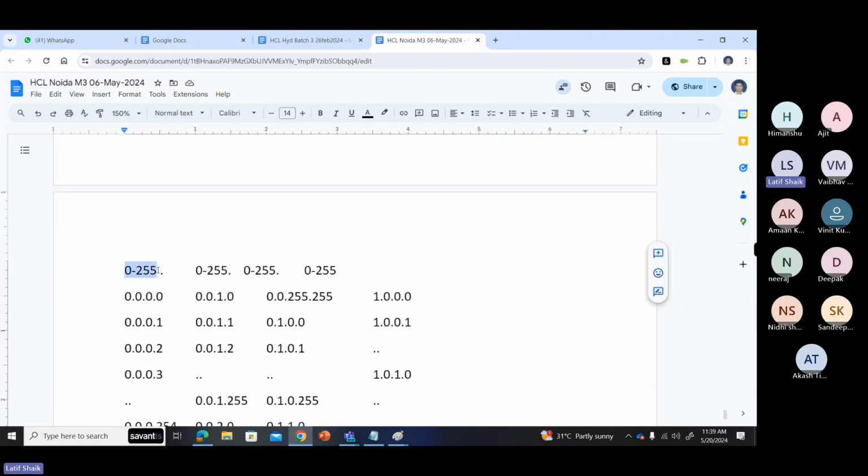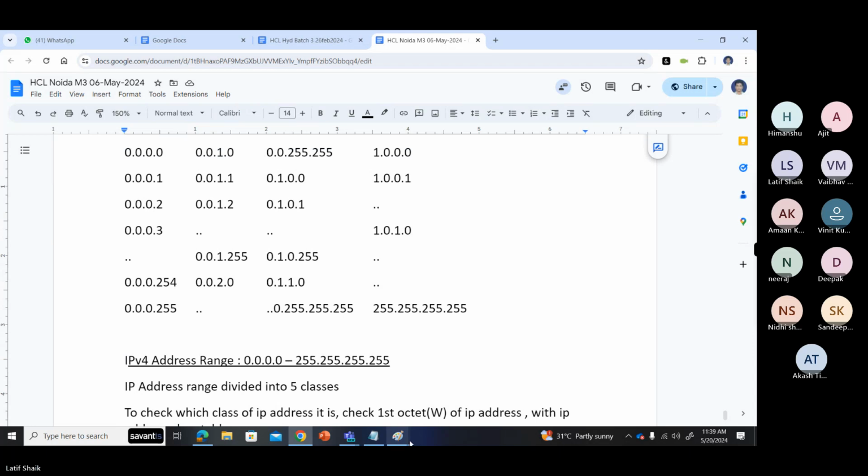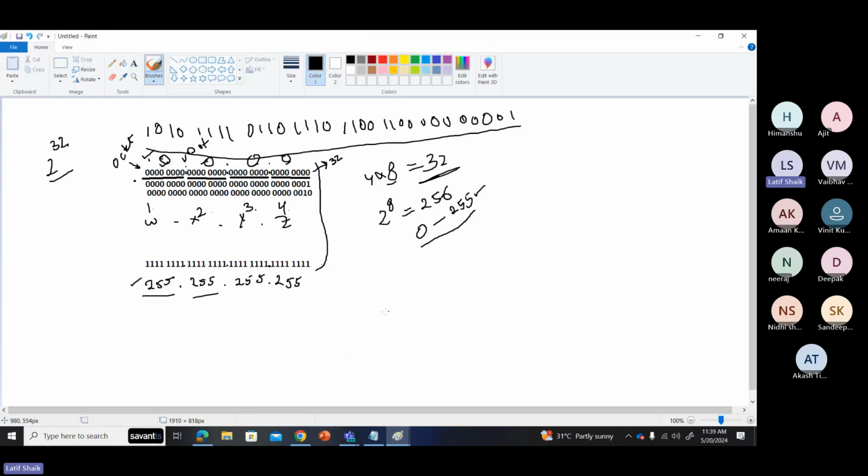As I said, each octet ranges from 0 to 255, and no octet is more than 255. If I have an IP address like 1.200.300.25, what is wrong in this one? 0 to 255, 0 to 255, 0 to 255.